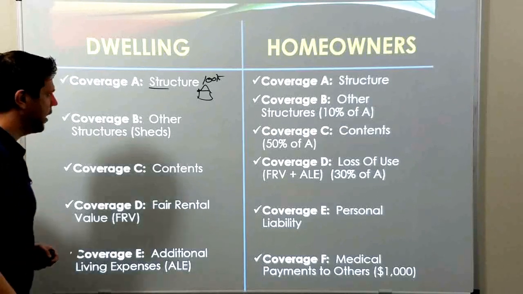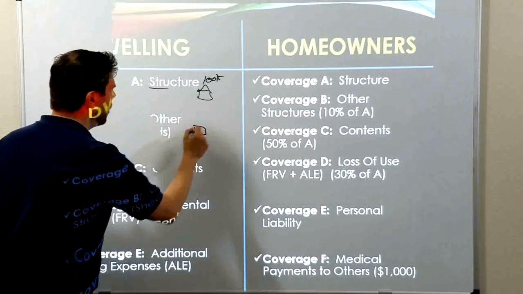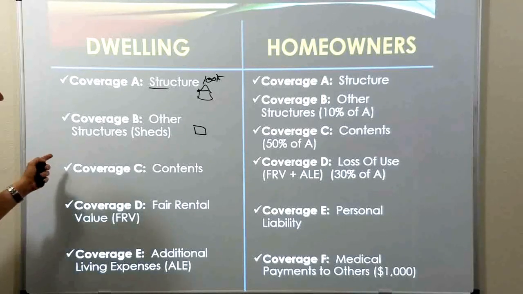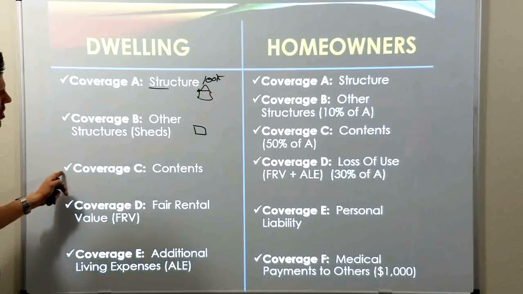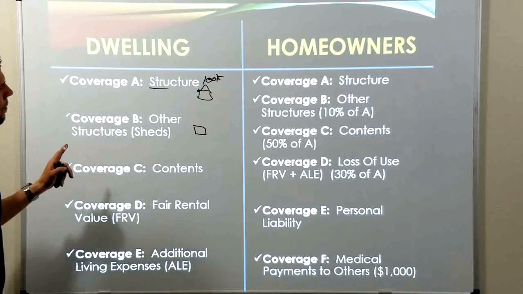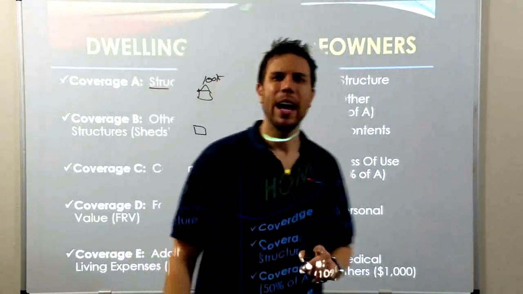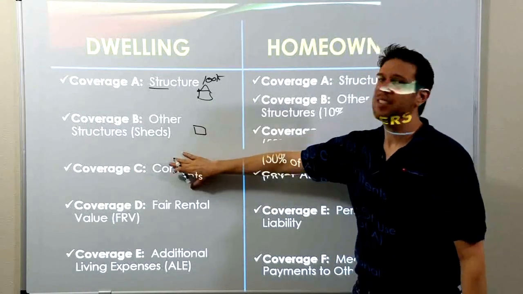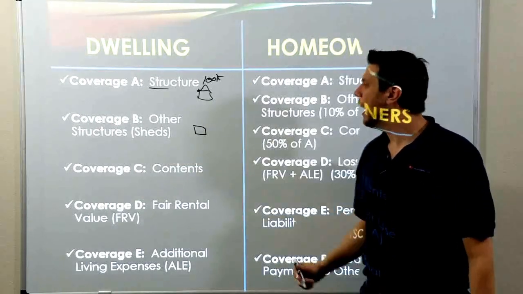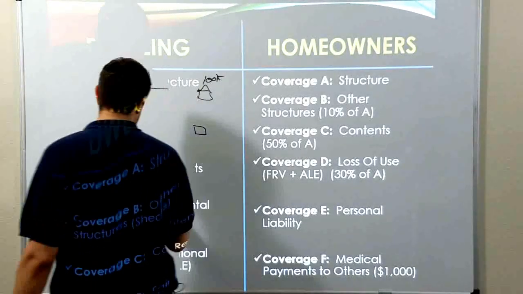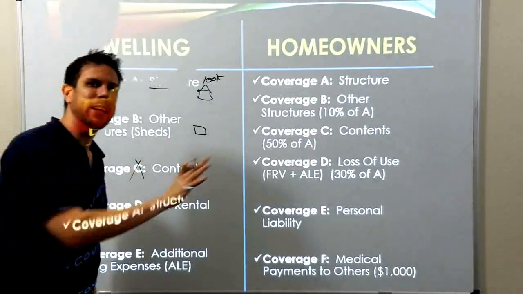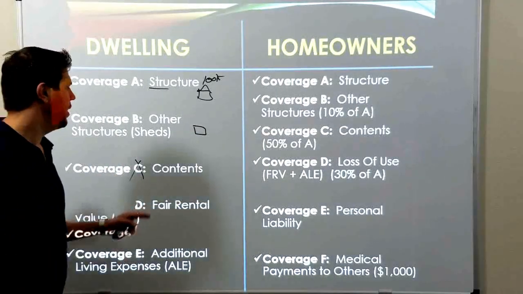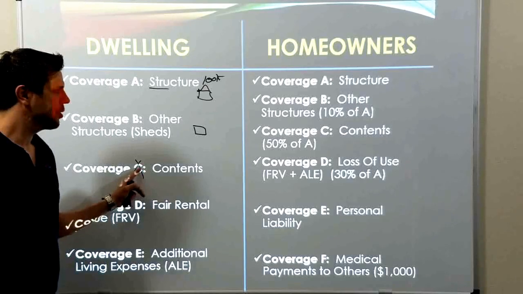If I have a shed, then I might get coverage B. Coverage C, contents: it is my house, but it's not my stuff in the house. I don't really need coverage C contents if I'm renting the house out to other people. It's going to be their stuff, so they can buy their own contents coverage.